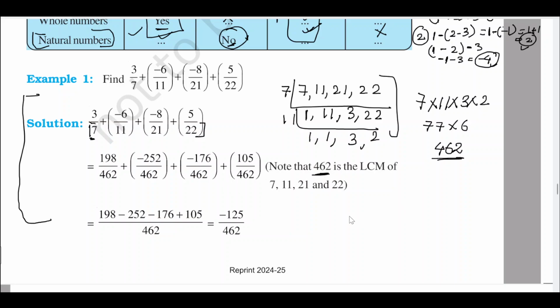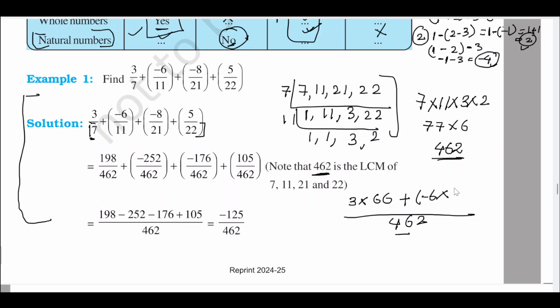Now we will write it over 462. For 3 by 7, how many times is 7 in 462? We will multiply 3 with that. So 7 sixes are 42, so 3 into 66, plus minus 6 into, for 11, how many times is it in 462?